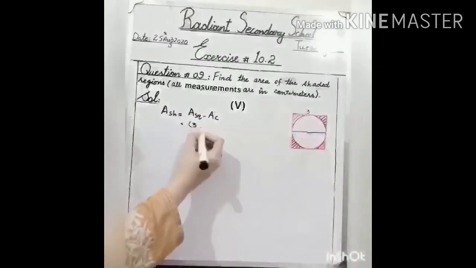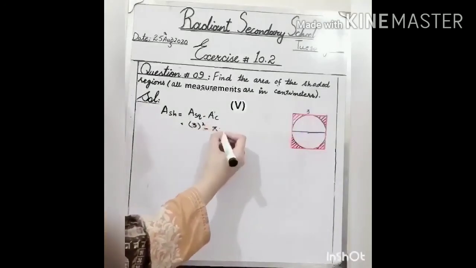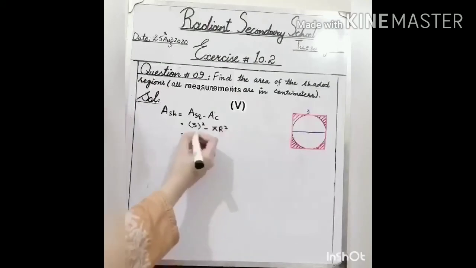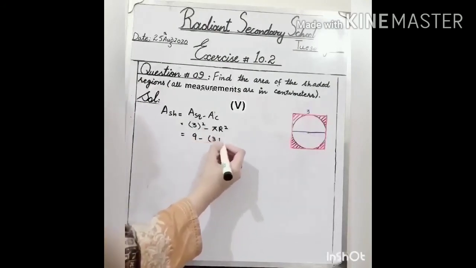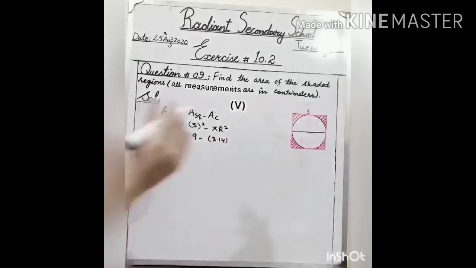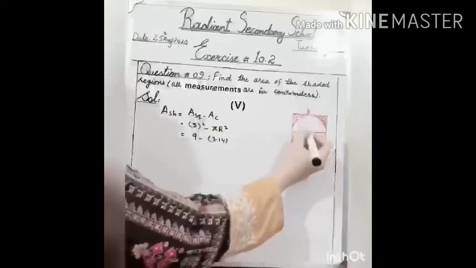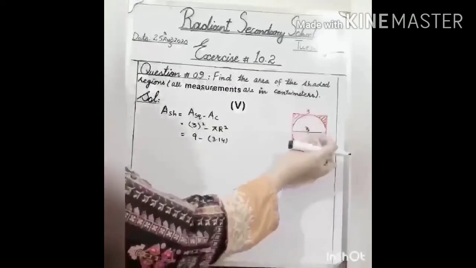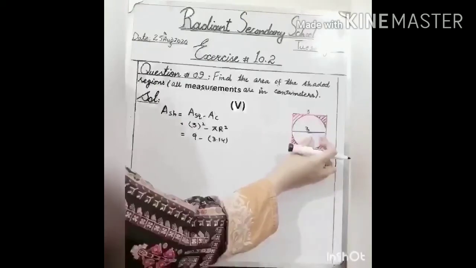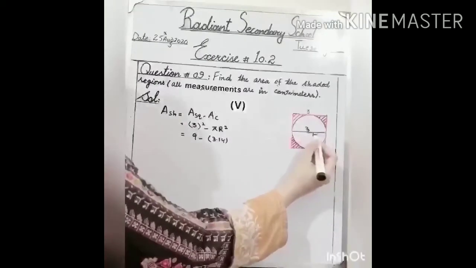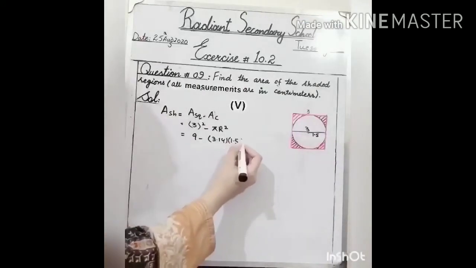So to find the area of the square, we will take the square of 3, minus area of circle, pi r square. 3 square will be 9, minus 3.14 into, here the length of this line is 3, and when you take the half length, it will be 1.5, meaning its radius will be 1.5.